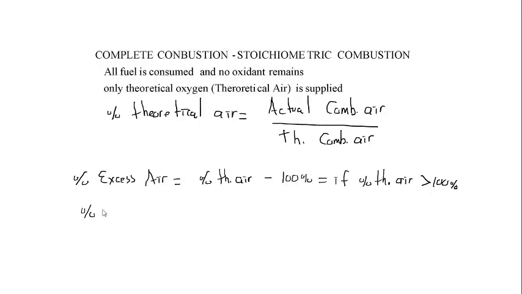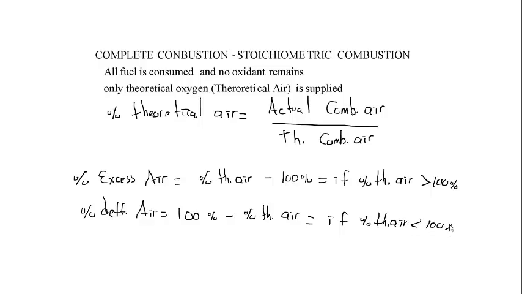The opposite sense, we have something called percent deficiency. This is basically saying that I don't have enough air to combust the whole thing. So in this case, I have 100% minus percent theoretical air. And that's if my theoretical air is less than 100%. So stoichiometric means I have 100% theoretical air. Excess means I have more than 100%. Deficient means I have less than 100%.